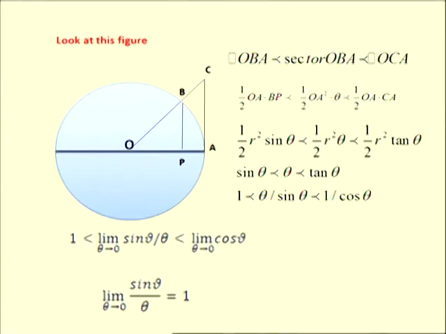First of all, look at OBA. We will use this first as a triangle, the triangle OBA. Here this line is not there; suppose BA is a line, then the triangle is OBA.